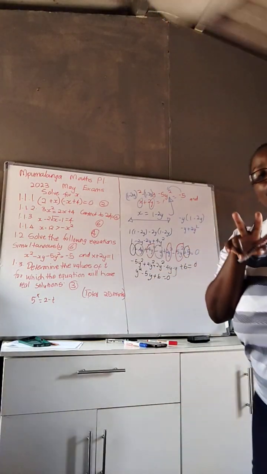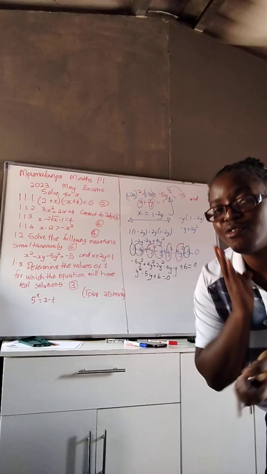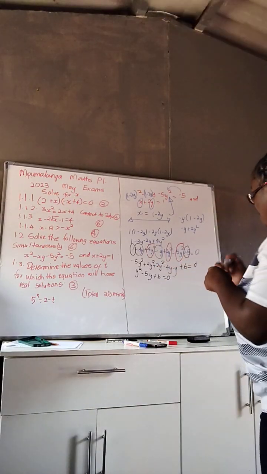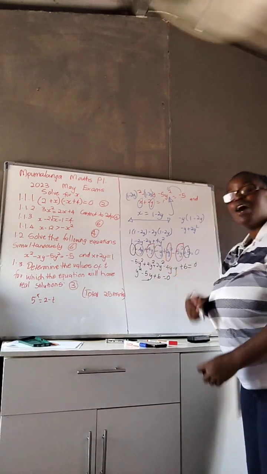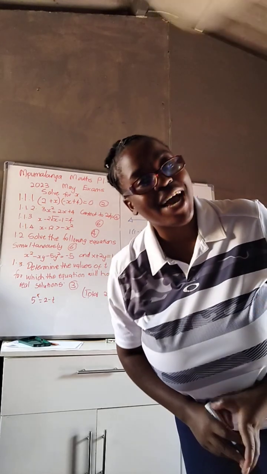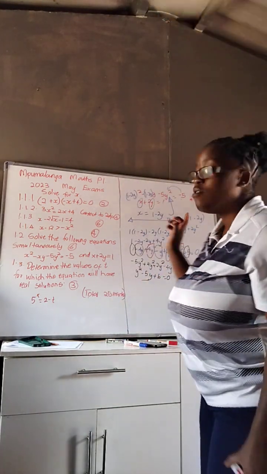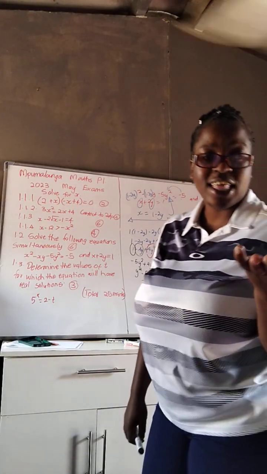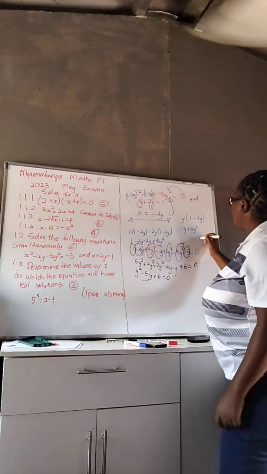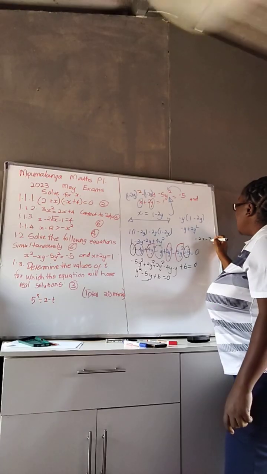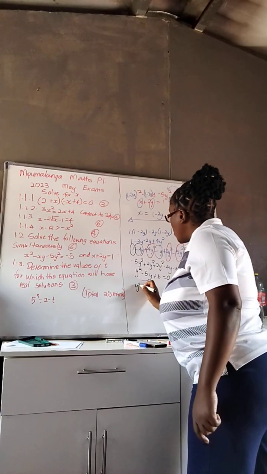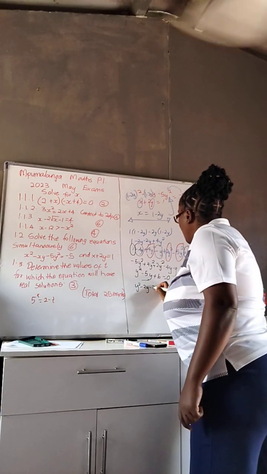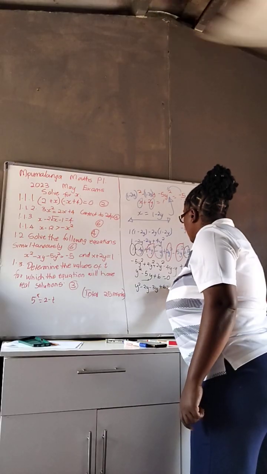Let's look for two numbers that when you add them, they give you minus 5y, but when you multiply them, they give you 6y squared. The two numbers that I'm thinking about are 2 and 3. So it's minus 2 and minus 3. So y squared minus 2y minus 3y plus 6 equals 0. So it's y(y minus 2) minus 3(y minus 2) equals 0.